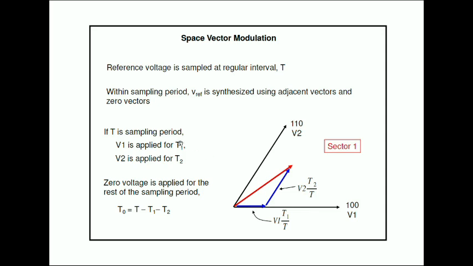So let T be the sampling period. Then if you want to make a vector of this magnitude, you can see that this vector is parallel to the voltage vector v2.